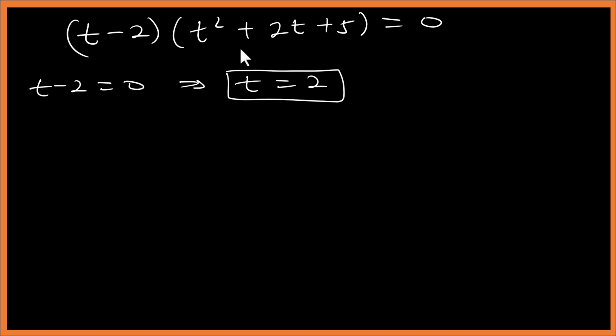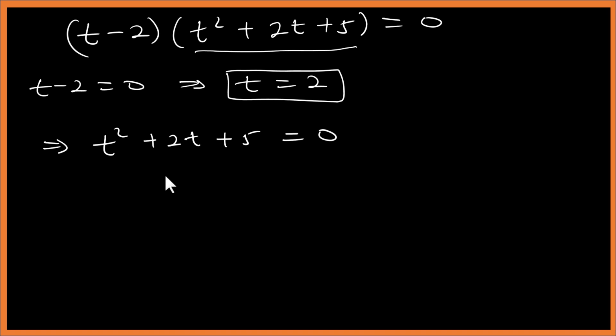All right, so let's go ahead and see for t squared plus 2t plus 5. So t squared plus 2t plus 5 equal to 0.